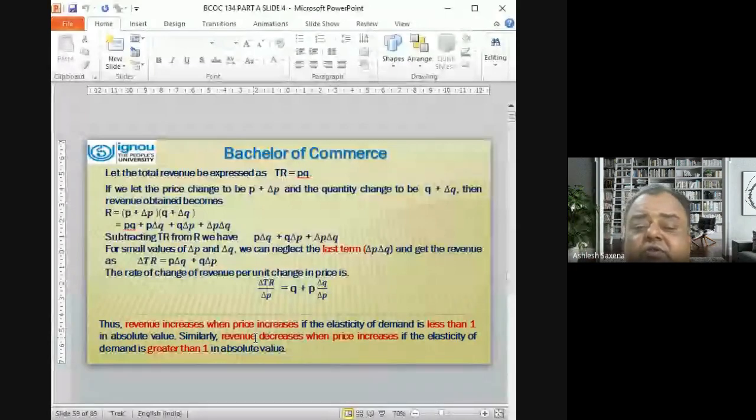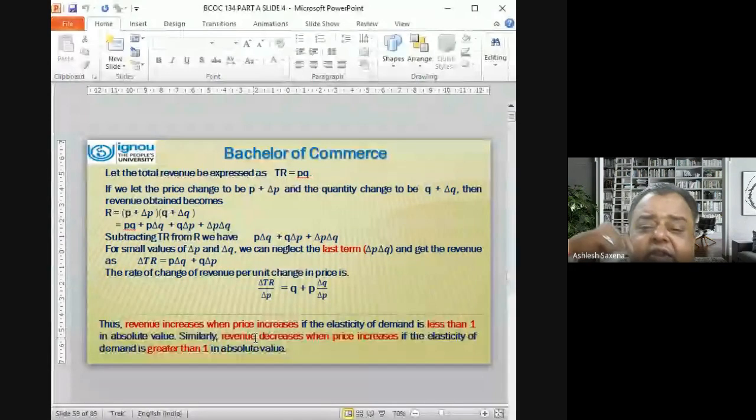Suppose the total revenue is TR equal to PQ. There is a small change in the price, so the changed price will be P plus delta P, and similarly for the quantity, Q plus delta Q.